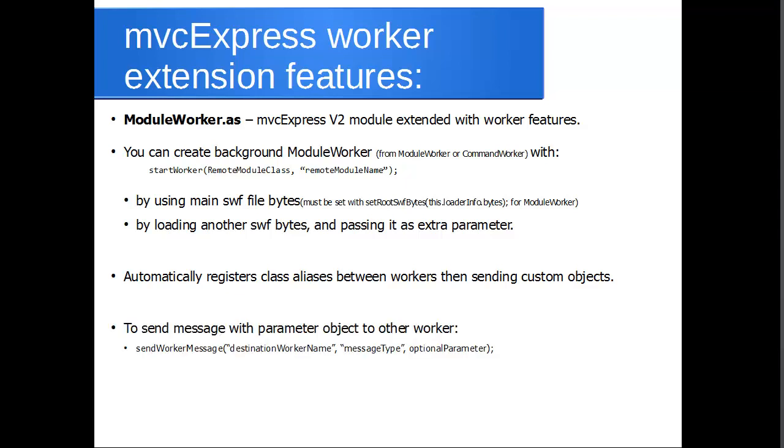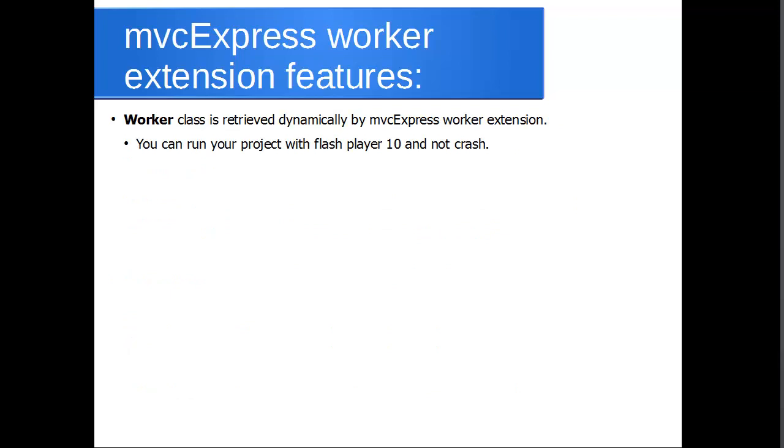You can send messages with parameters between workers with send worker message functions, and after that you can handle them in mediators or execute the command. The Worker class is retrieved dynamically by the mvcExpress extension. That means that you can freely use it even with Flash Player 10 and it will not crash.